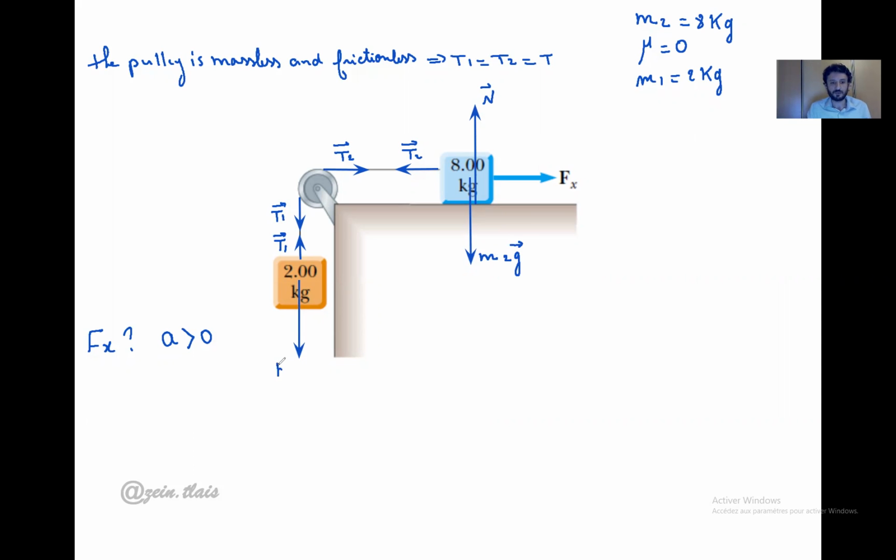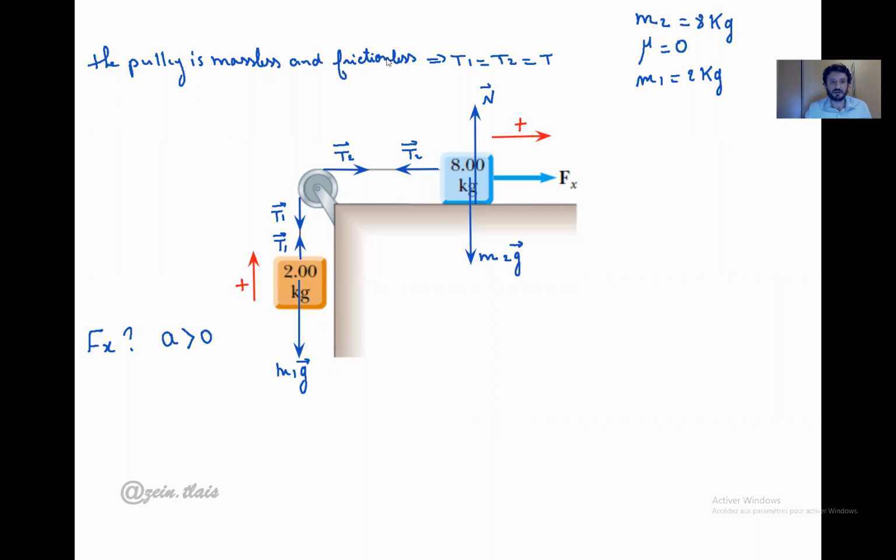And here we have M1g. Okay, we have the tension, we have everything. The system moves, the mass M2 moves to the right, so we have a clockwise motion. The mass M1 moves up in the positive direction, and the mass M2 moves to the right in the positive direction.